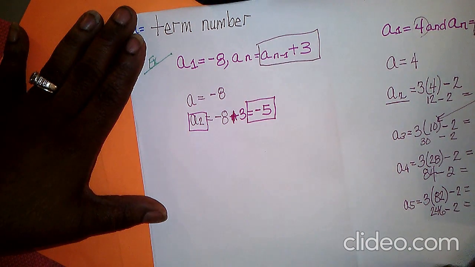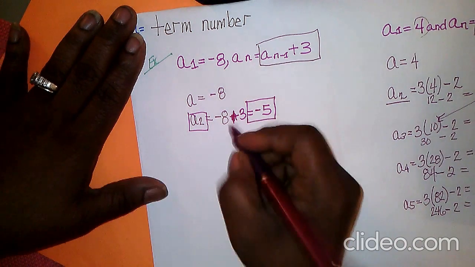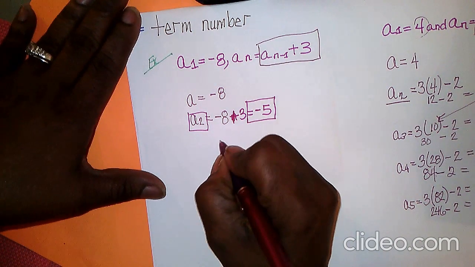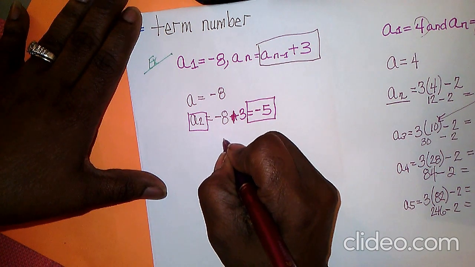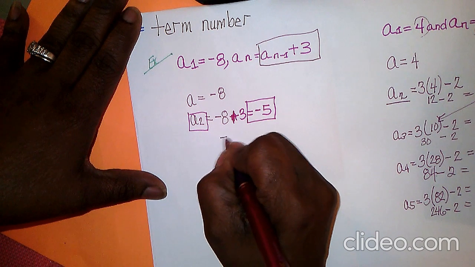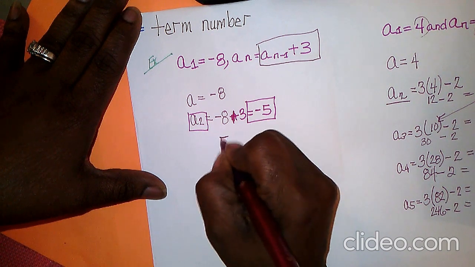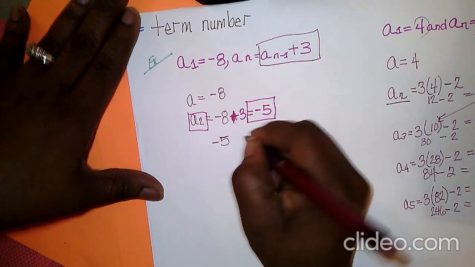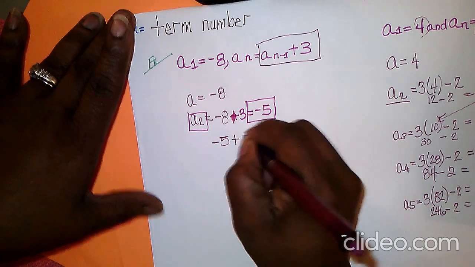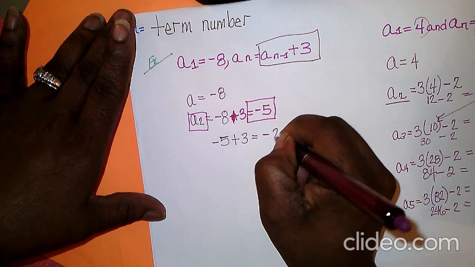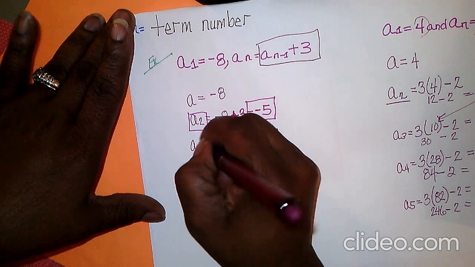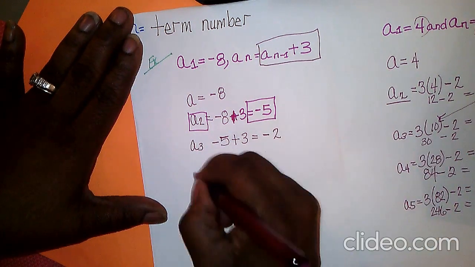Now remember, we substitute the negative 5 plus 3, which gives us negative 2. So A3 is negative 2.